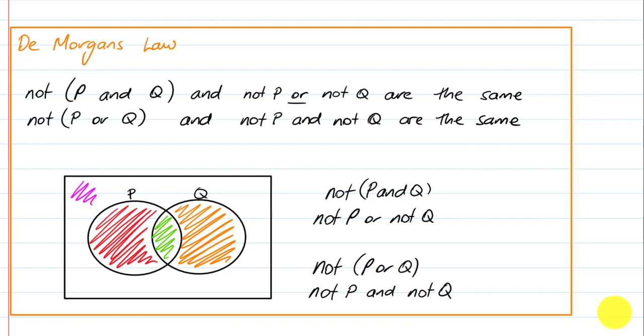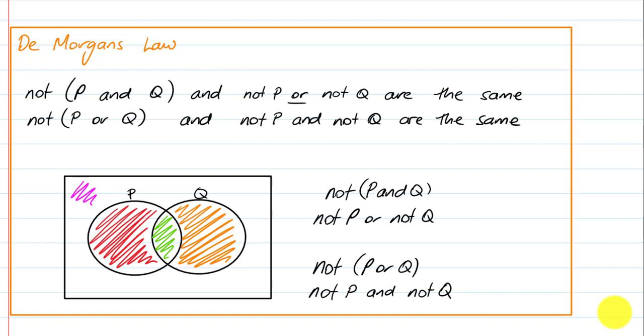So green is equivalent to not pink, red, or orange. And for the same reason, not (P and Q) is pink, red, and orange. And that's the same as not P or not Q. Green is the only one that fails that test, because it's both P and Q. So not (P and Q) is pink, red, and orange, and also not P or not Q is also pink, red, or orange.